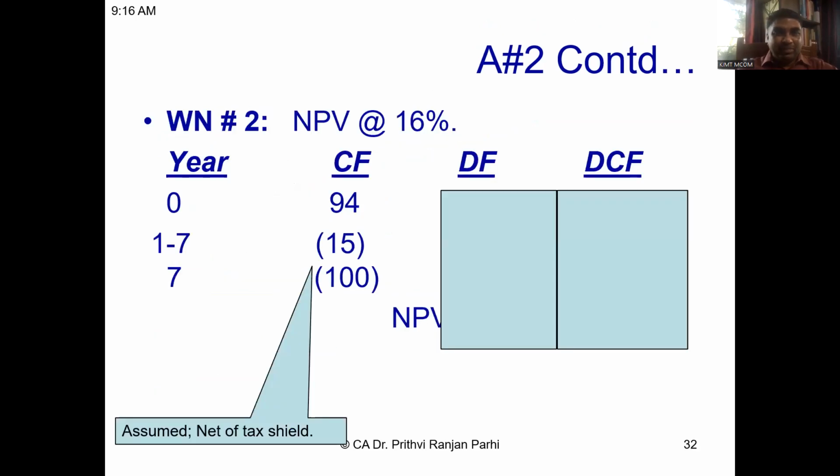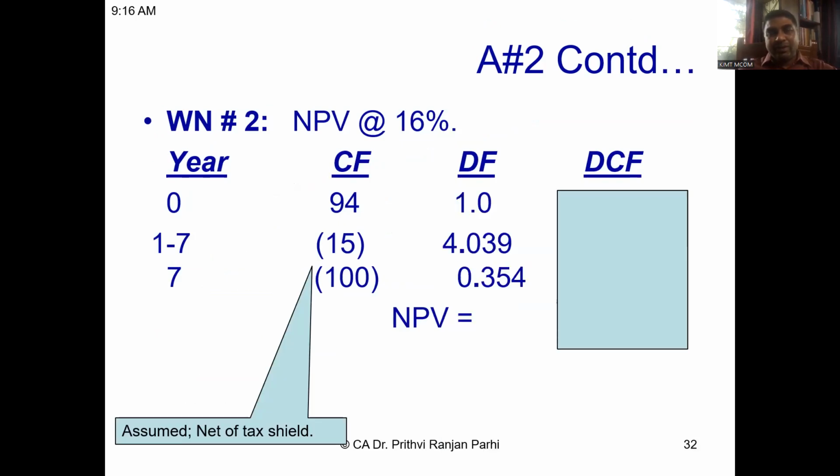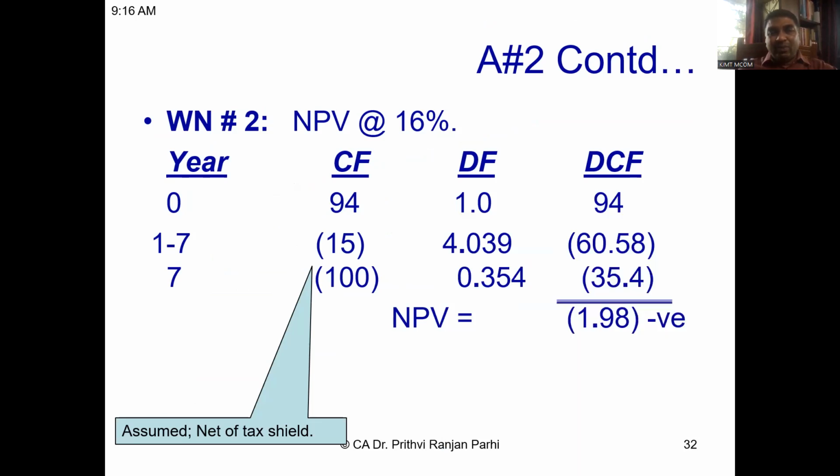Let me show you here. So we have assumed now that cost of debt is, let us say, 16%, or discount rate is 16%. If you now discount this cash flow, 94, then years 1 to 7, 15 rupees, this is an annuity, then year 7, 100.